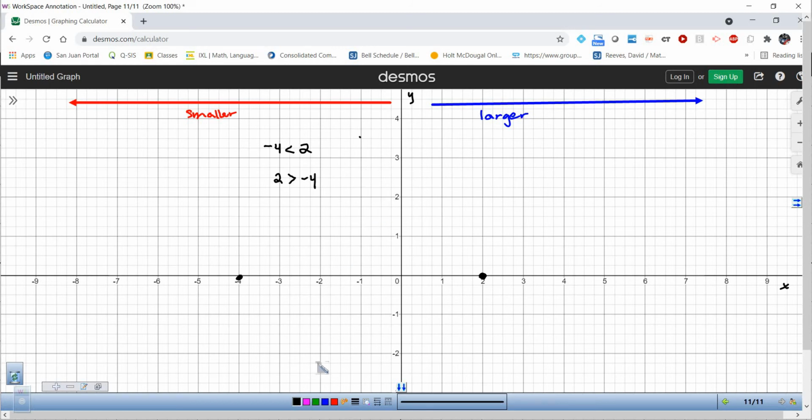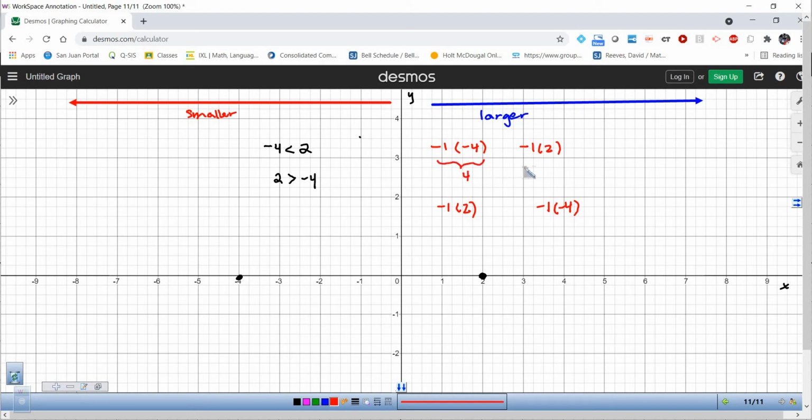All right, now let's look at that relationship and let's multiply both of those by -1. So I'm going to have -1 times -4, and -1 times 2, and then down here I'm going to do -1 times 2 and -1 times -4. Well, a negative times a negative is a positive, so what do I end up with?